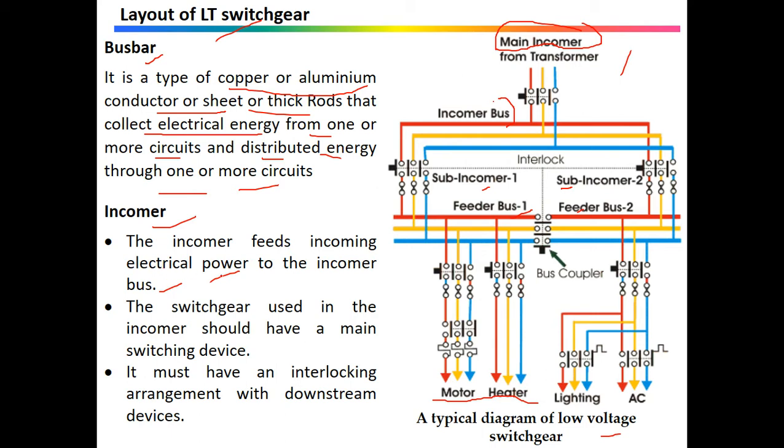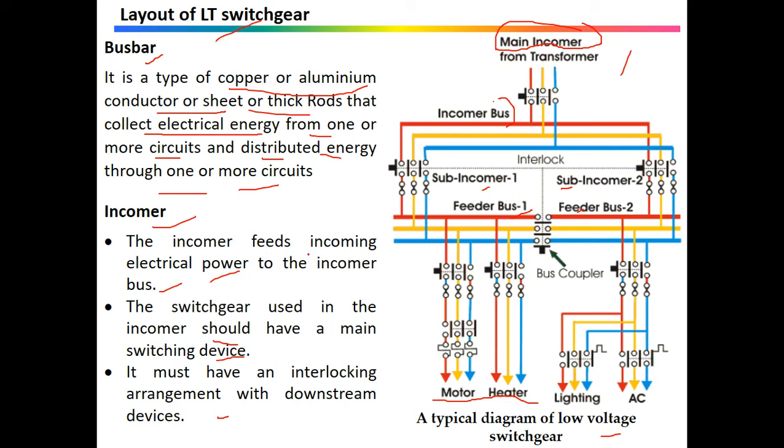The switchgear used in the incomer should have a main switching device, and it must have an interlocking arrangement with downstream devices. The switchgear device attached to the incomer should be capable of withstanding abnormal current for a short specific duration in order to allow downstream devices to operate.